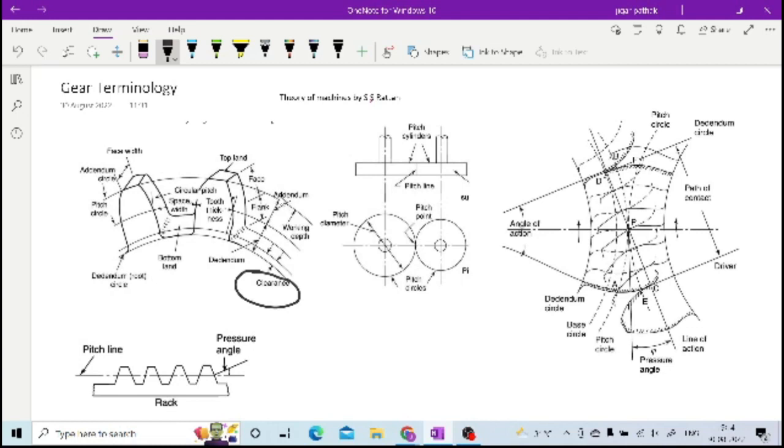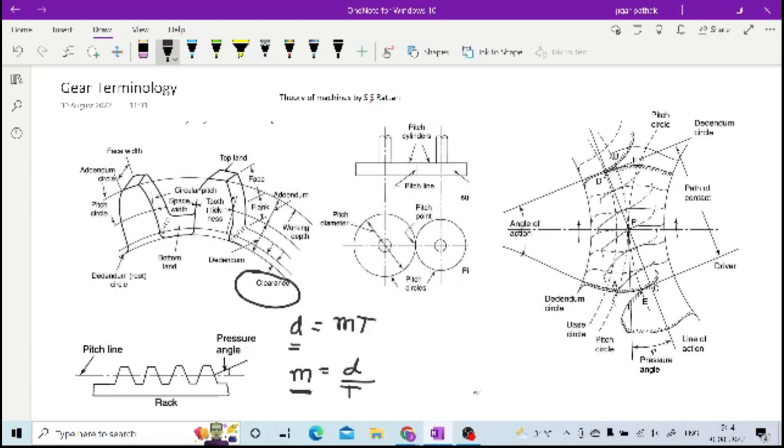Apart from that, one important thing is the pitch circle diameter, which is mentioned here. How you get the pitch circle diameter is from the module and number of teeth. Basically module is defined as diameter upon number of teeth, and all the specifications of gears are generally in terms of module only.